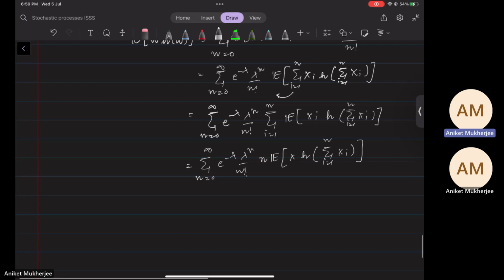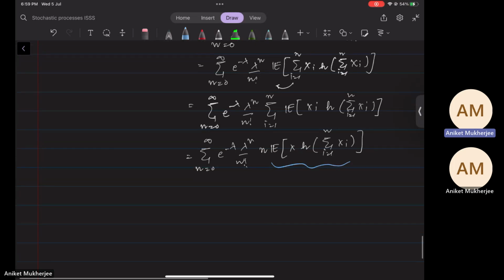Now we calculate this term: the expectation of X h of the summation i equal to 1 to n of Xi.